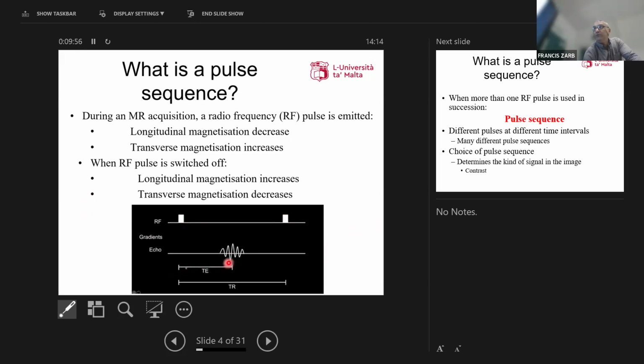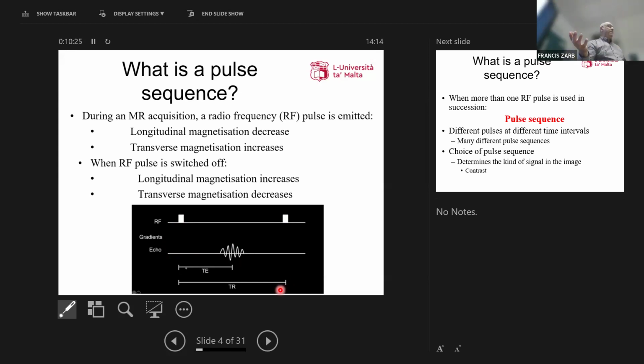The time from the first RF pulse to when you acquire the echo, the signal, is the time to echo, TE. The time from when you send the first RF pulse until you repeat the same RF pulse is the TR, the time to repeat.